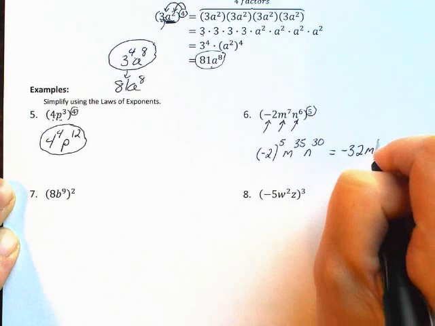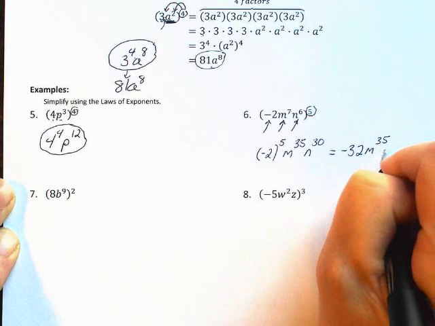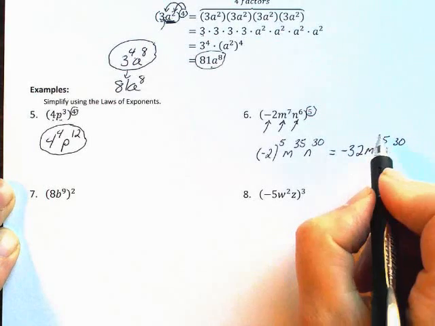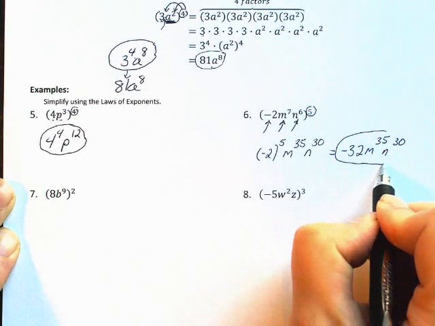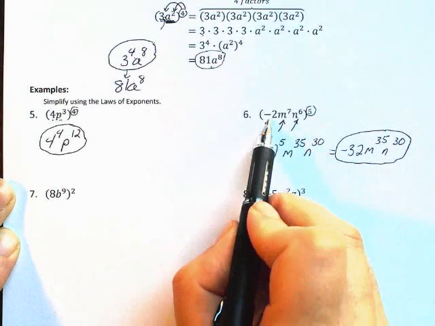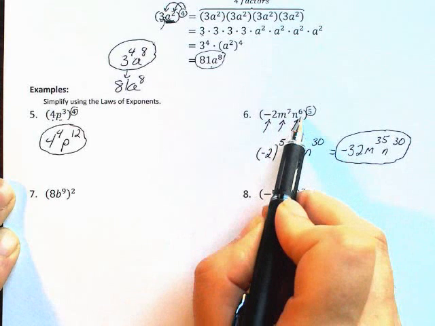But the variables are still going to look the same. So here is our simplified version of this pretty complex looking math problem.